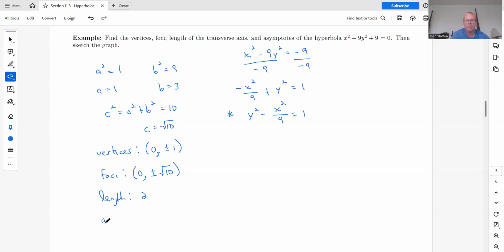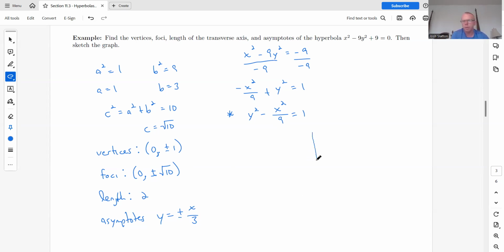And then the asymptotes, remember those are always y equals the square root of the denominator with the y over the square root of the denominator with the x. So in this case, plus or minus 1/3 x, or we'll just put x over 3.